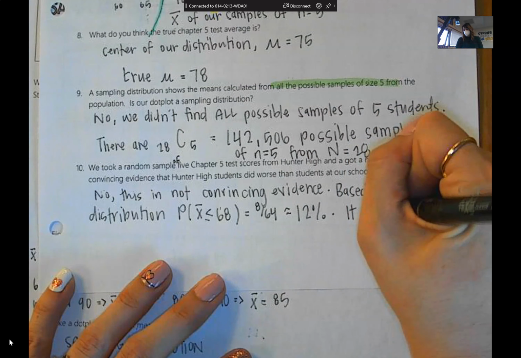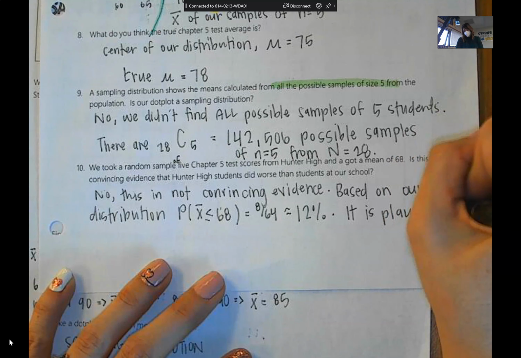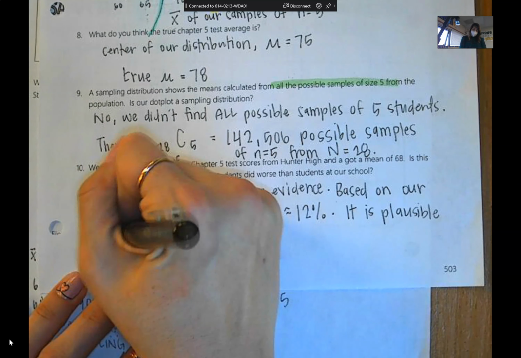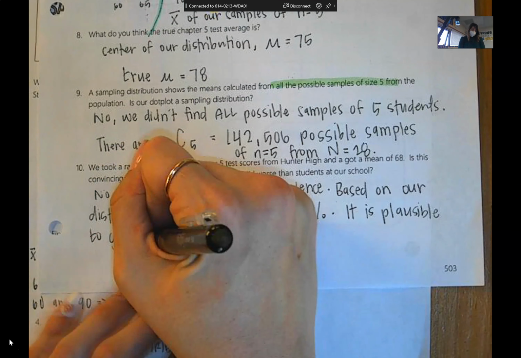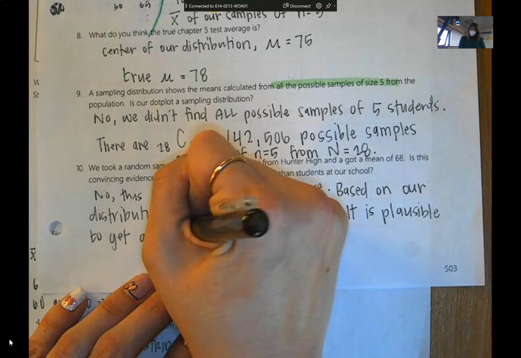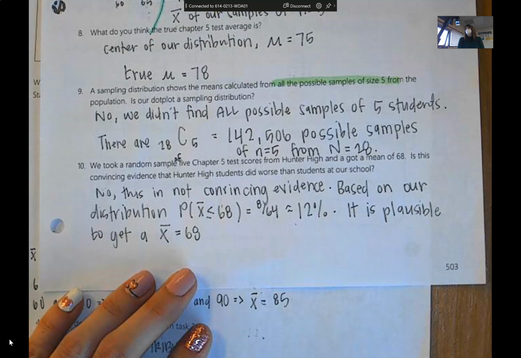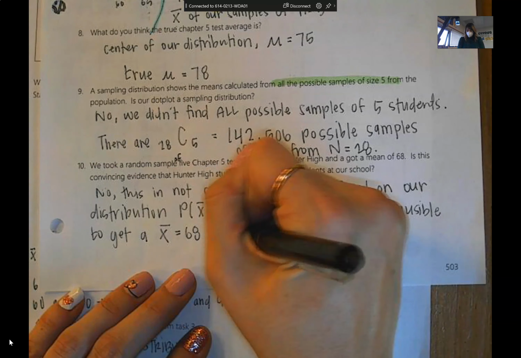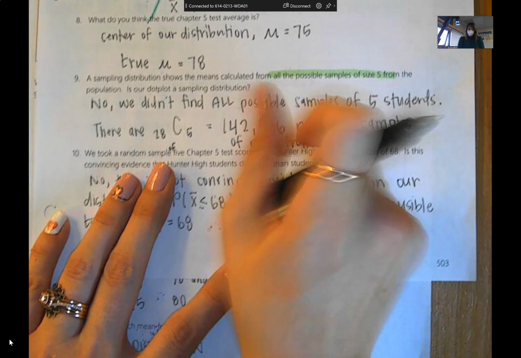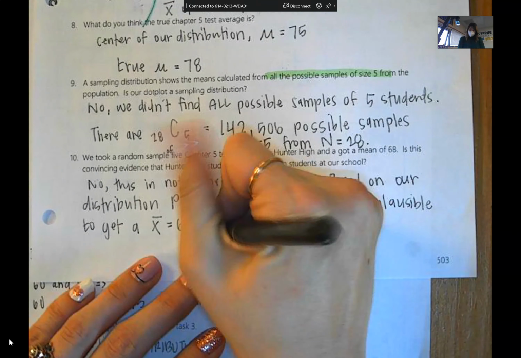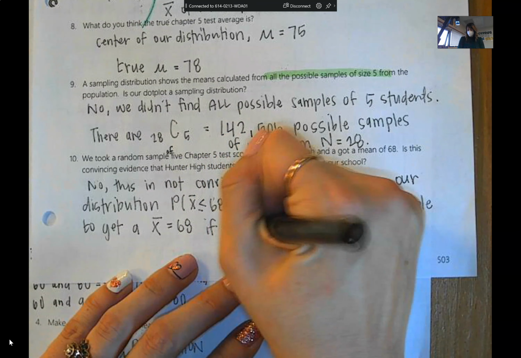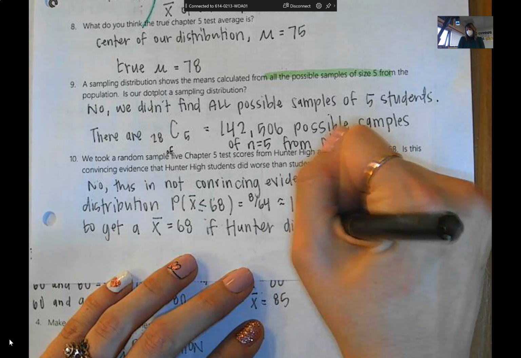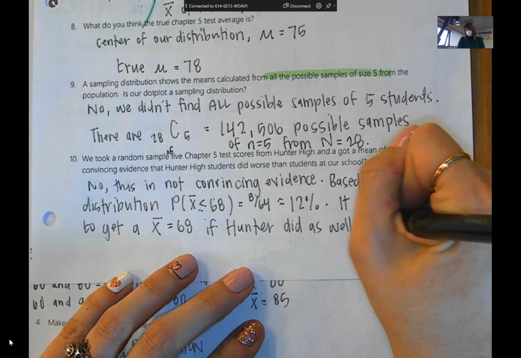It is plausible to get a sample of 68. So I'm saying it is plausible to get a sample of 68 when, or I should say if Hunter did as well as us.